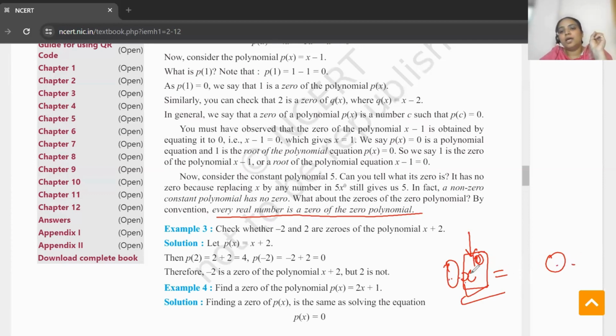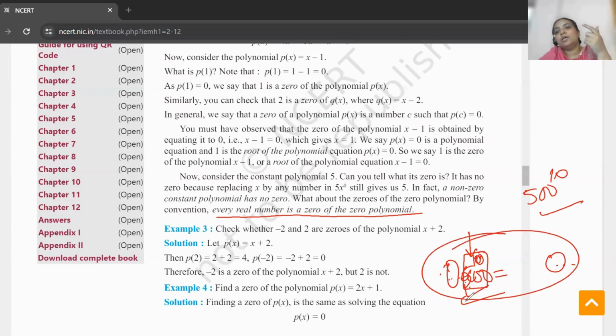If you put the value 500 here, 500 to the power 10 into 0 is 0. The statement is true, LHS equals RHS. This means x equal to 500 to the power 10 is the solution of this equation, is the root or zero. This means every value fitting in x will be the zero or root of this equation. So every real number is a zero of this zero polynomial. Understood? Clear? These two facts should be remembered, one marker will definitely come in the exam on these.